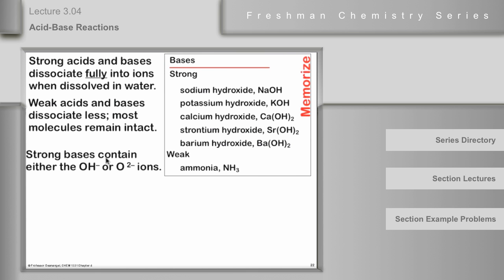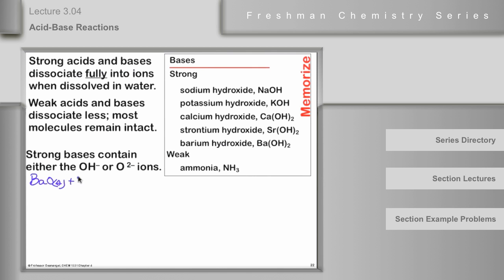Now, strong bases, in some cases, are not hydroxides. All of these strong bases are hydroxides, but it's possible to have a strong base that's not a hydroxide. An example of that is an ionic oxide, like barium oxide, solid.